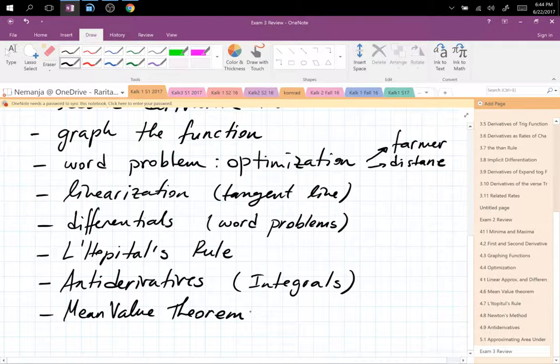Mean value theorem. Okay, so to answer your question, what specific theorems or definitions to state. We don't have much. You have only mean value theorem. You have the formula for linearization, right? L(x) equals f(a) plus f prime of a times (x minus a).